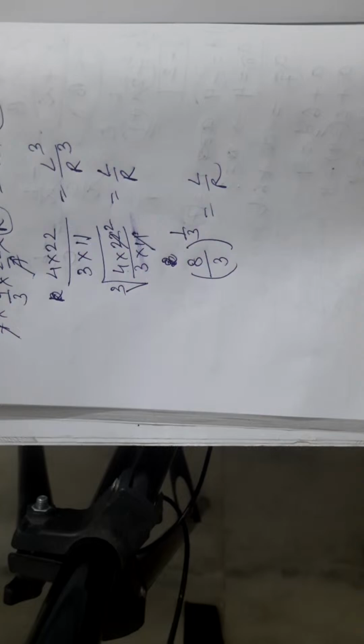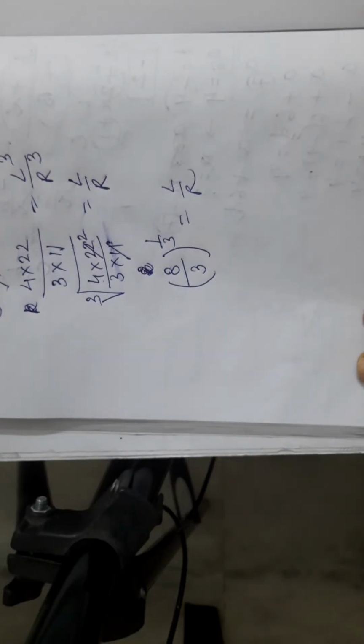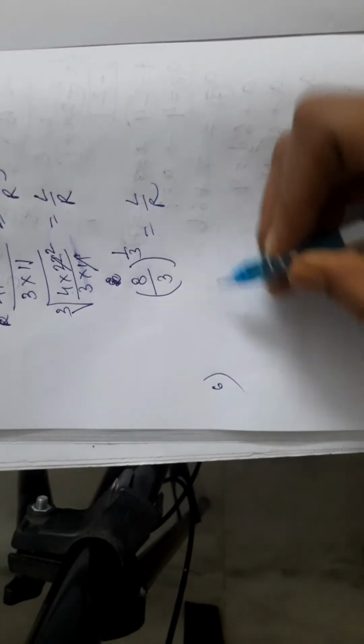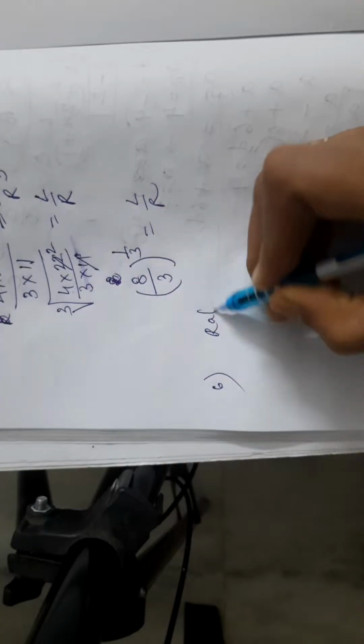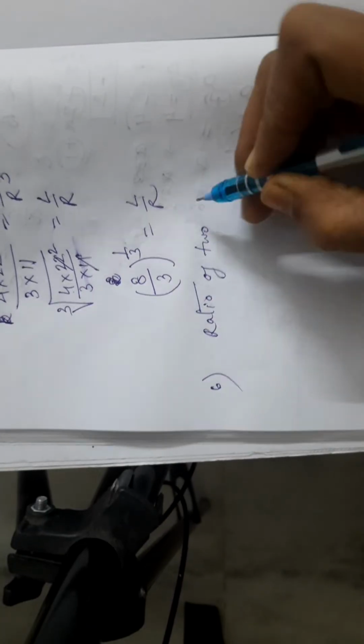Now the ratio of the volume of two cones with the same radii. Two cones are there. We need to find the ratio of the two cones with the radius same. So let's start with the next question. Ratio of two cones.